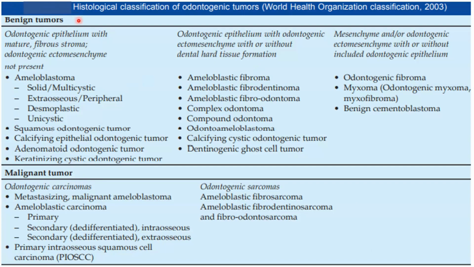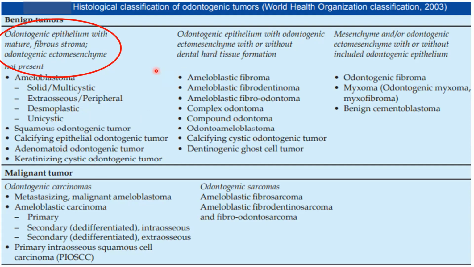Under benign tumor, there are further 3 classifications based on the origin, and also it depicts the histopathology basically. So the first one is odontogenic epithelium without any odontogenic ectomesenchyme. That's the first one, and these are the tumors under it. I'm going to discuss each one in detail and tell you which are the ones we're going to discuss.